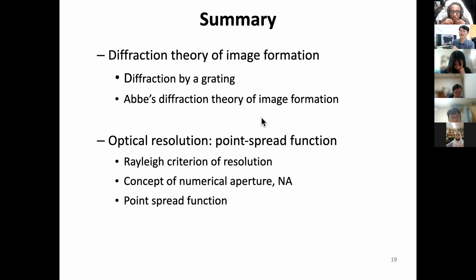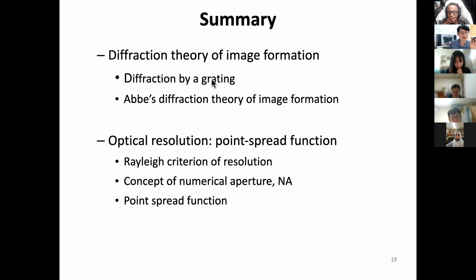So let me summarize. I know this is not easy. I have to admit that it took me more than 10 years to thoroughly understand this concept, so it's too much to understand in 10 minutes or an hour. But basically, what I described is diffraction, a fundamental process of image formation.